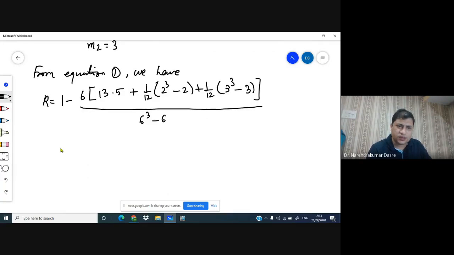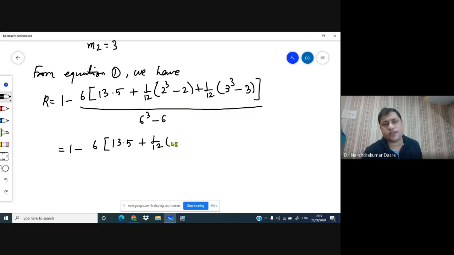Okay, and now simplify. So we'll be having 1 minus 6 times, what is the term you'll be having here? So it is 13.5 plus 1 by 12 times 2 cube minus 2. So 8 minus 2, this will be 6. Okay, plus 1 by 12 times 3 cube, 27 minus 3.